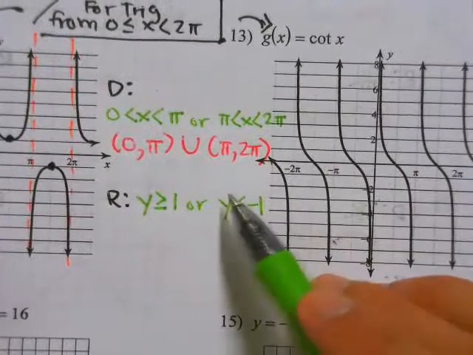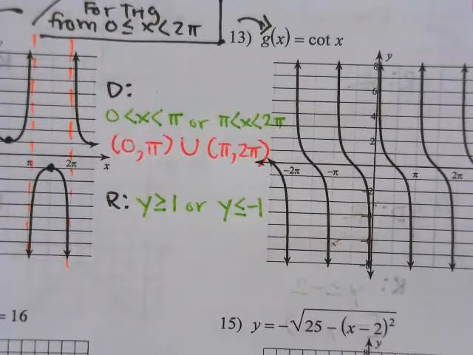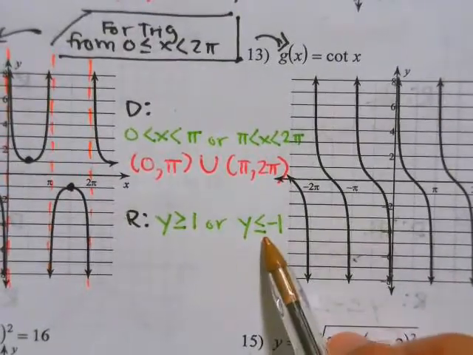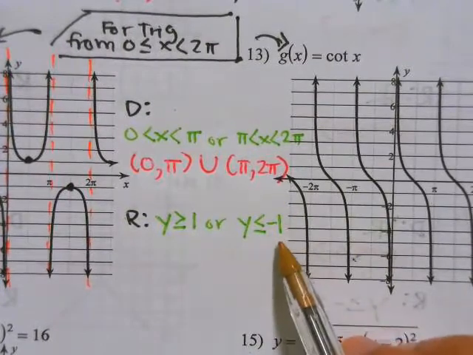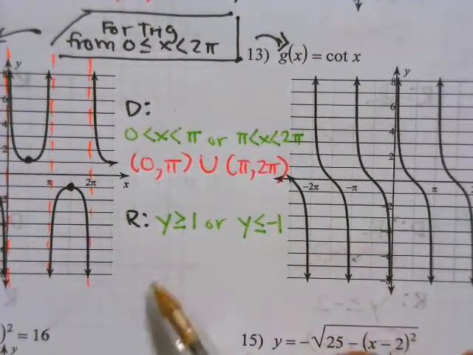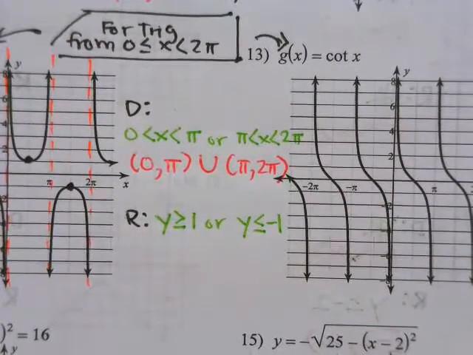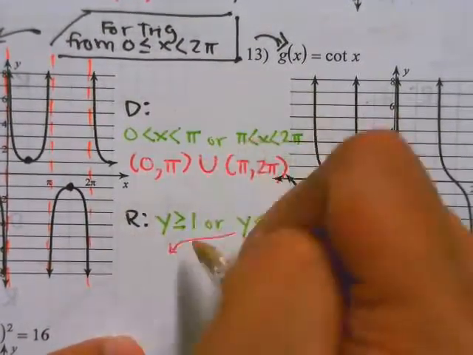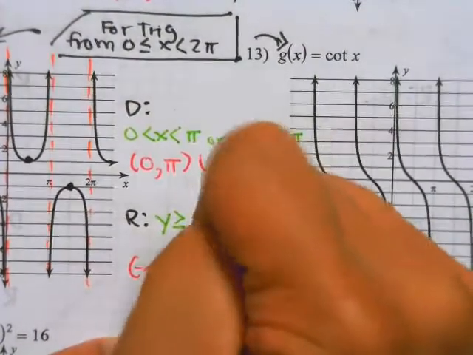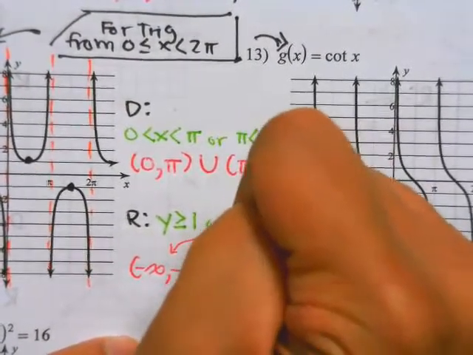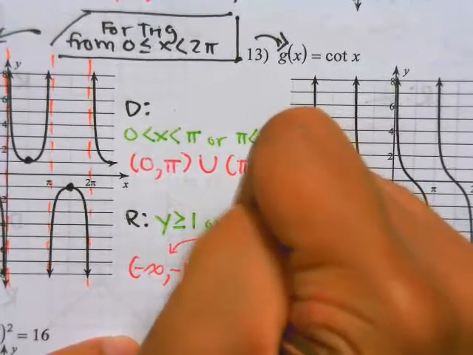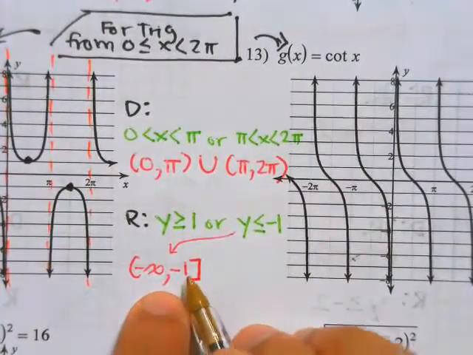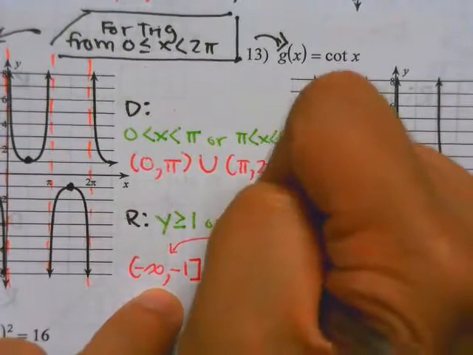Okay, I wrote it like this, and so when we do interval notation, I'm going to have to write this one first because this is the lesser of the amounts, and I'll put that on the left side, and then I'll do the or. Okay, so I'm just going to draw an arrow. -1 is our highest value, so it's going to be this, and then I have to be aware that we're including the -1, okay?